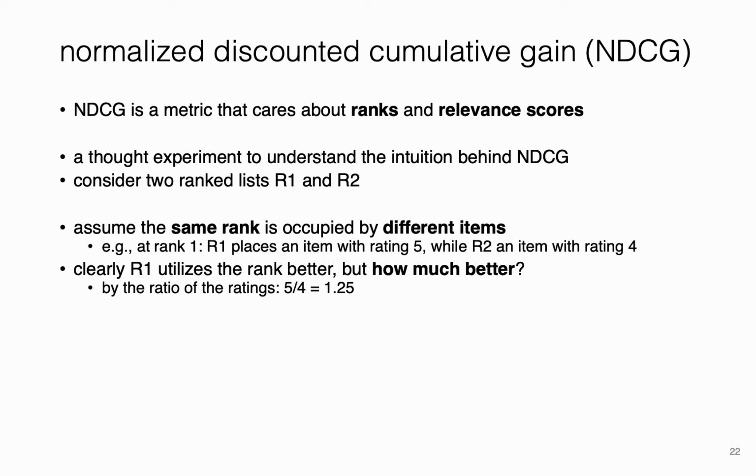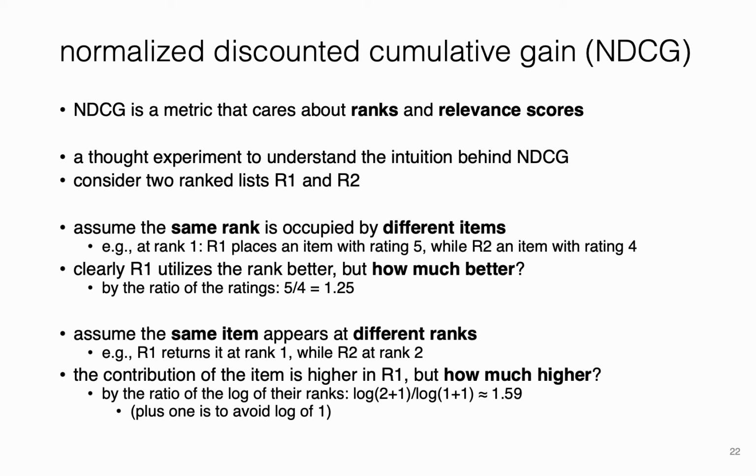Specifically, assume that the same item is at different ranks in the two lists. For example, R1 puts it at rank 1, while R2 at rank 2. So the contribution of the item is higher in R1 compared to R2. But how much higher?